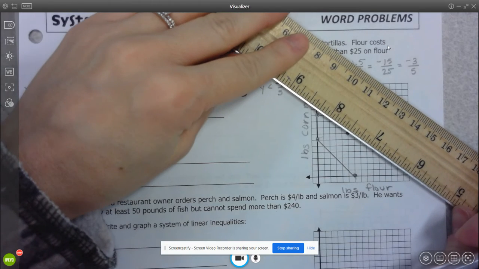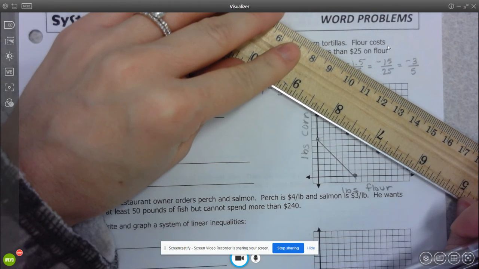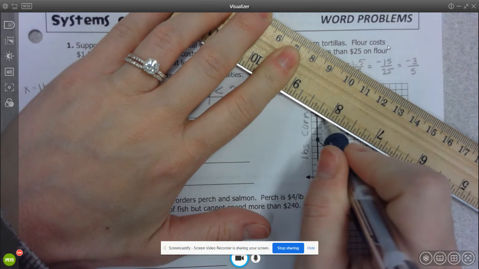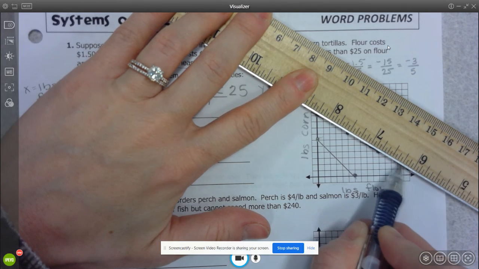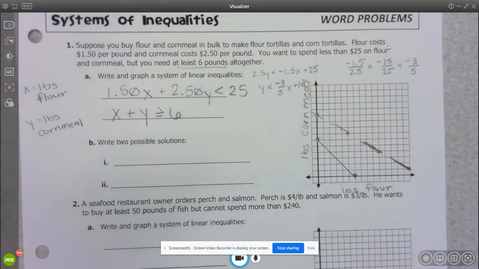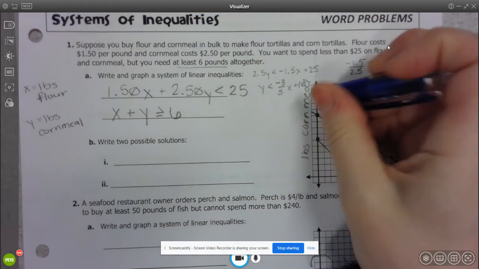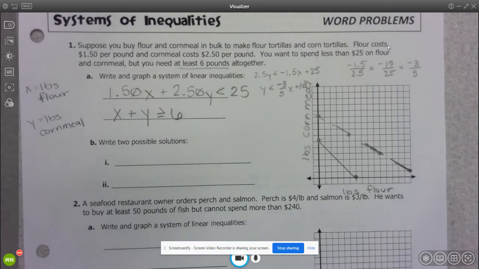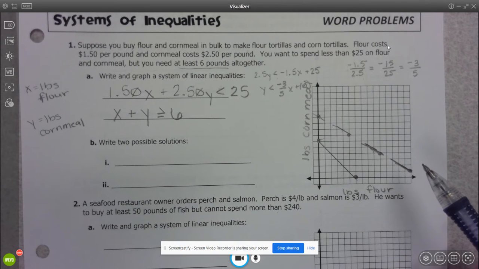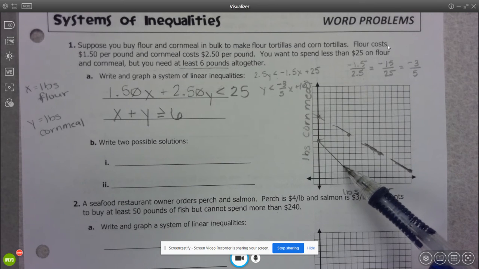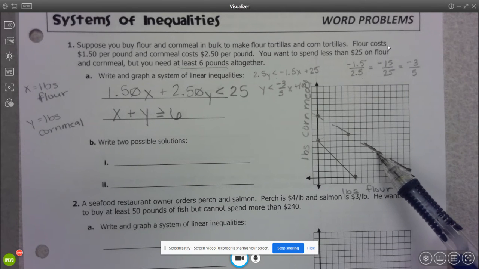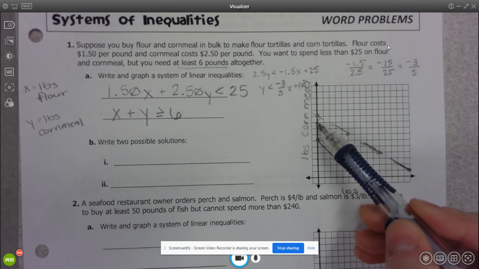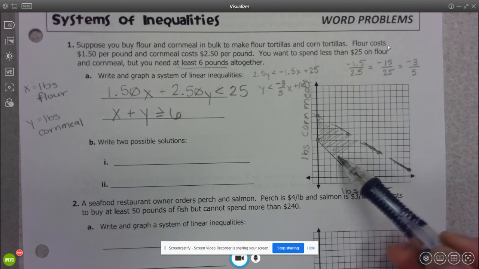All right, and now this is going to be a dashed line because I am just going to be less than 25, not equal to 25. And I'm not putting arrows on the end. So I need to be greater than my pound line and less than my money line. So that's going to be this space in between here.